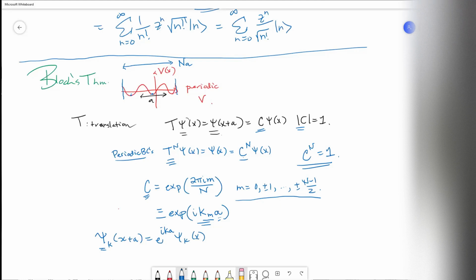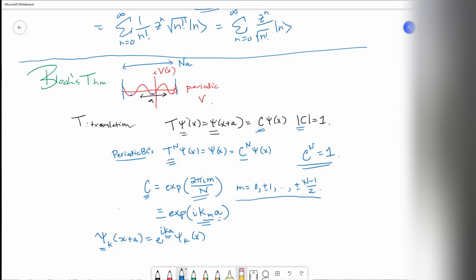That's the general property that the eigenfunctions of this periodic potential should have: when you translate them, you pick up a phase, and the phase has the form e to the i k, some wave vector, times the periodicity, the wavelength of the potential, and the k's are given by just these guys.